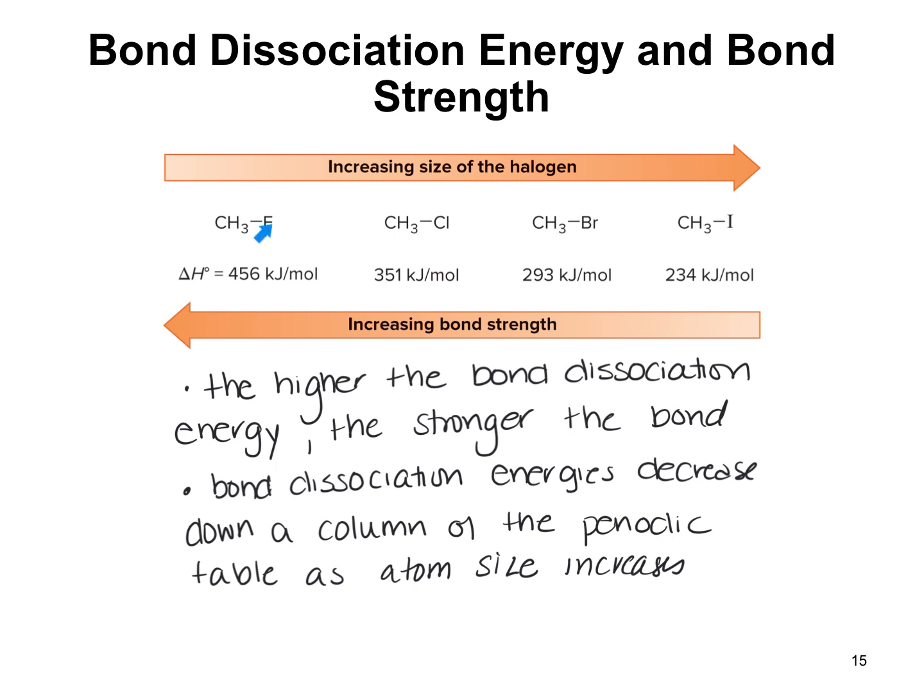So these fluorine, chlorine, bromine, and iodine are on the halogen column, and as you go down that column, iodine is going to be the largest. That means, right, that it's going to end up being the weaker bond.